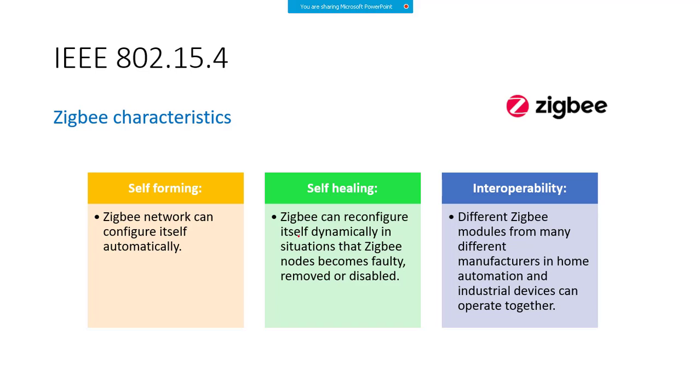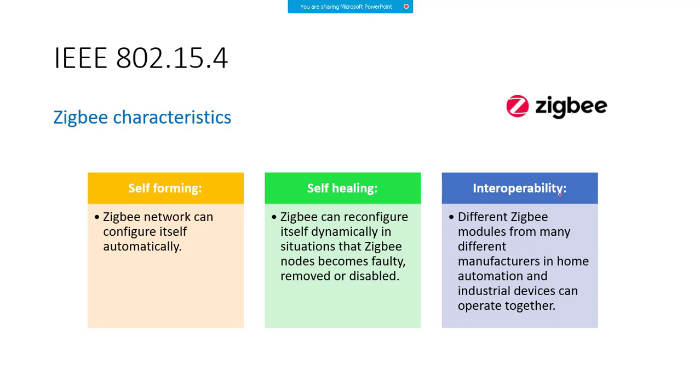This is very important: it's self-forming. A Zigbee network can configure itself automatically, so no human intervention or control mechanism is required. It has a self-healing mechanism. Zigbee can reconfigure itself dynamically in a situation where a Zigbee node becomes faulty. So it has fault tolerance or correction capability.